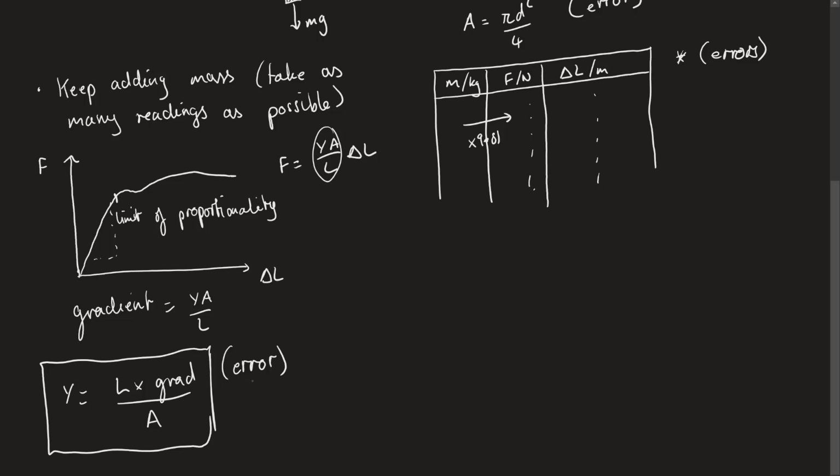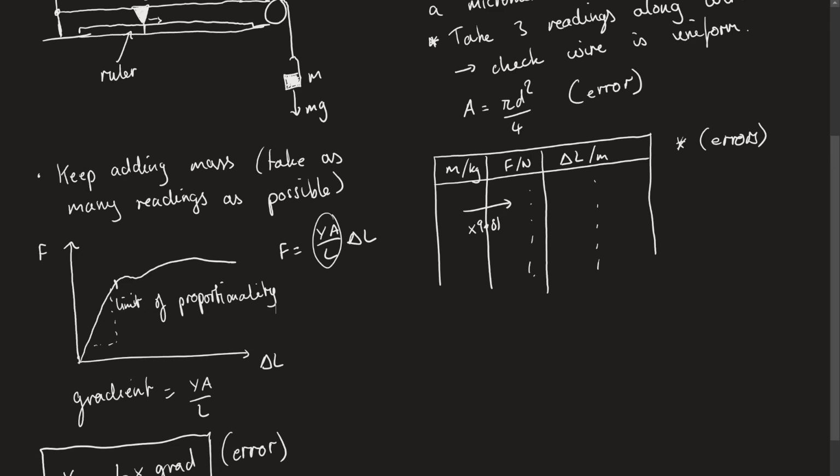If instead of doing this kind of expression here, you want to go for a stress over strain graph, the only thing you would have to do is extend this table. So you would have delta L, you could then do F over A to get your stress. Now F over A is going to be in pascals, because that's force per unit area, which is newtons per meter squared, which is pascals.